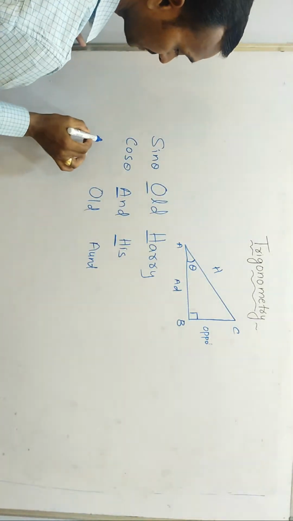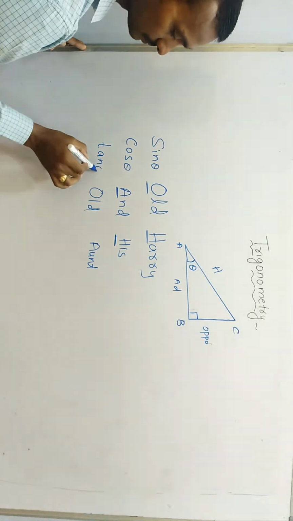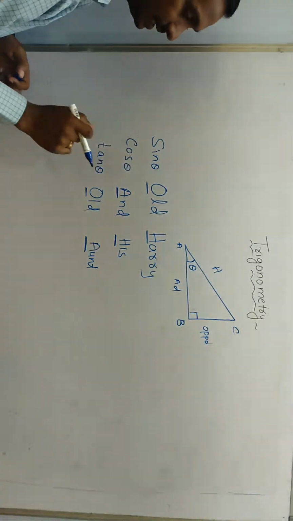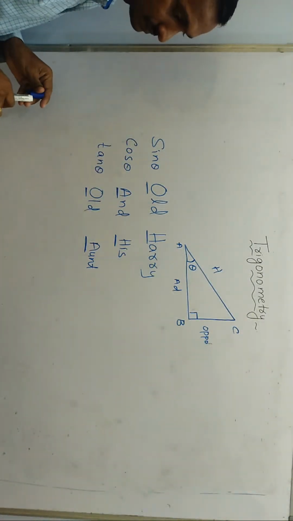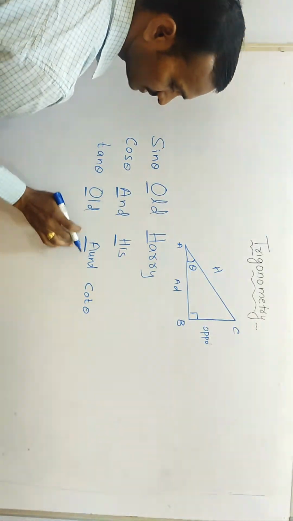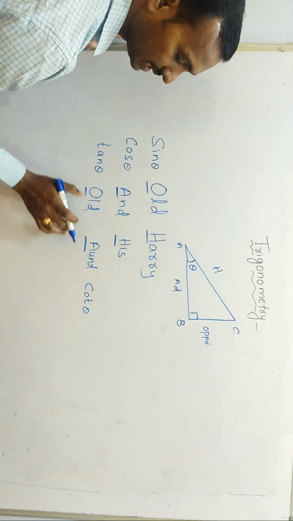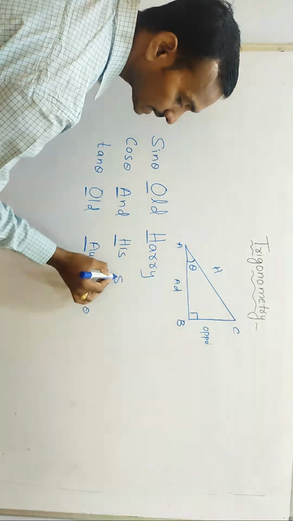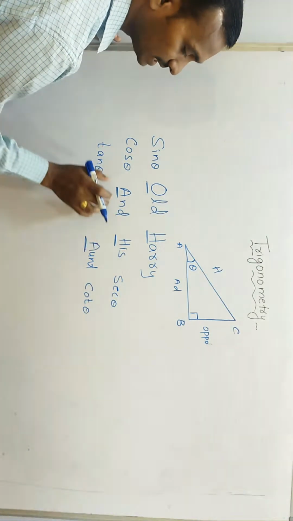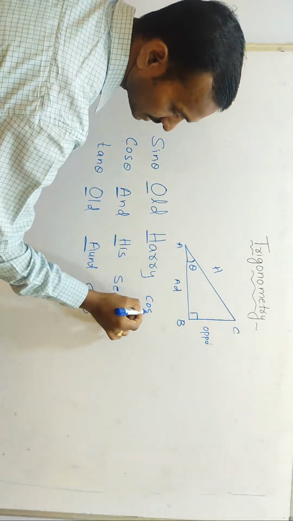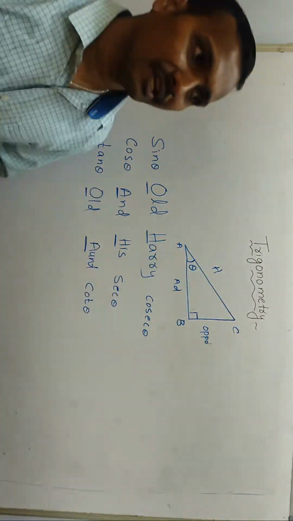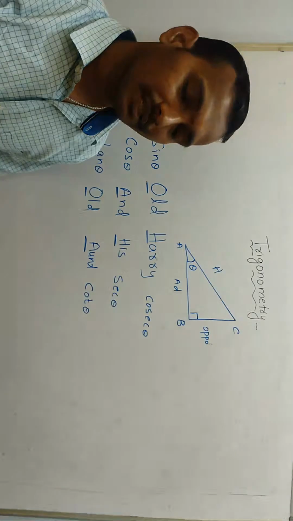Tan theta, opposite by adjacent. Old Harry and his old aunt. Next, reverse. Cot theta is nothing but adjacent by opposite. Secant theta is nothing but hypotenuse by adjacent. Cosec theta is nothing but hypotenuse by opposite. So this is the way we have to remember the 6 trigonometric ratios.